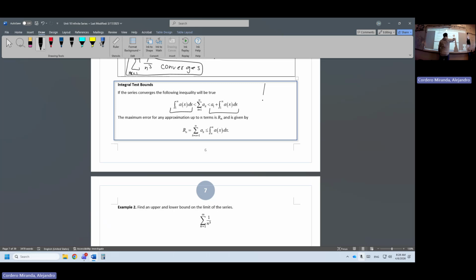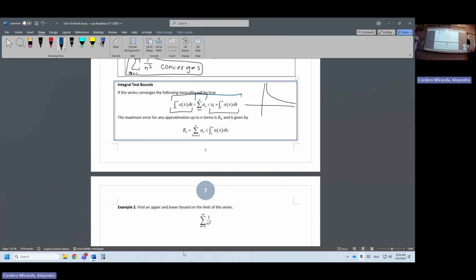One small hint is to draw a picture: if this is the actual integral, the whole area under the curve, think about what the sum would look like. Then see if you can get this bound and then this bound using that picture. You can do it, and every year somebody does come up with it. But if you have no idea what I'm talking about, come see me 1v1 because it's kind of fun to talk about why this is the way it is.